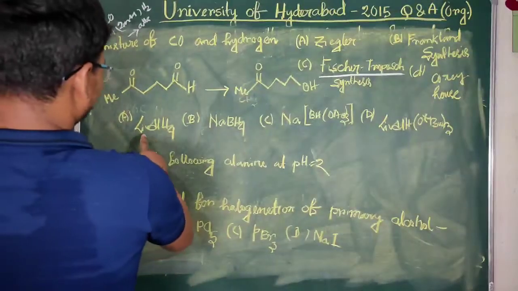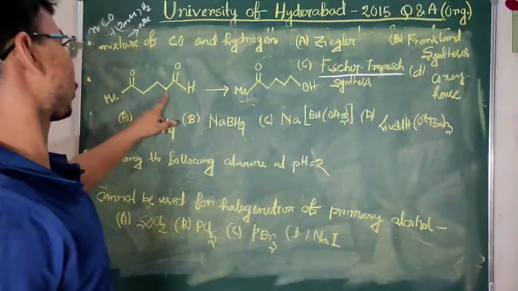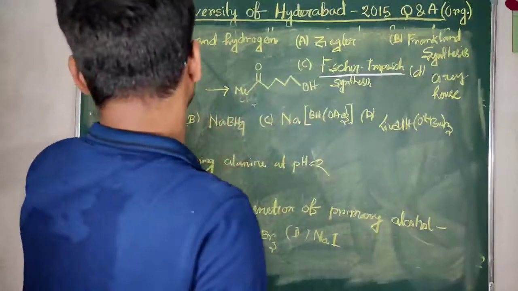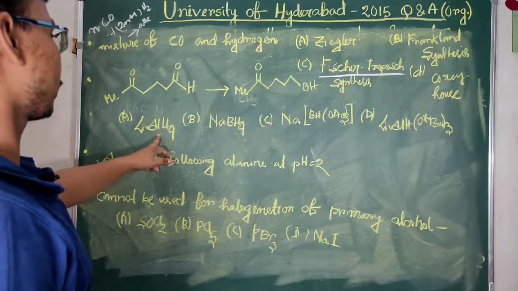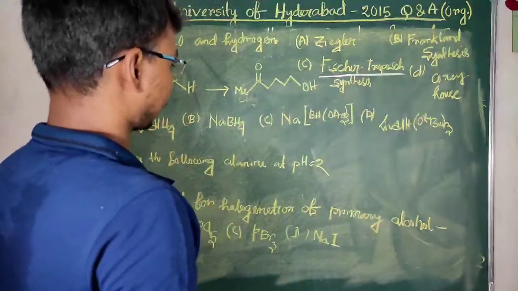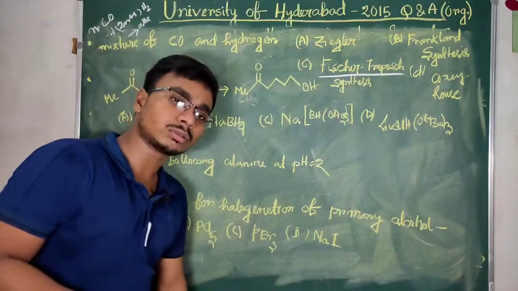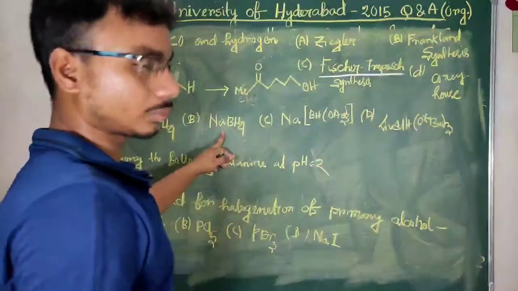So by taking the reagent LiAlH4, it's a strong reducing agent. It will reduce both. That will not be the product. NaBH4 is also reducing. It's a weaker reducing agent than LiAlH4, but it will also reduce the ketone or aldehyde. NaBH4 can't reduce ester, but can reduce a ketone. Okay, so it will not be the product.